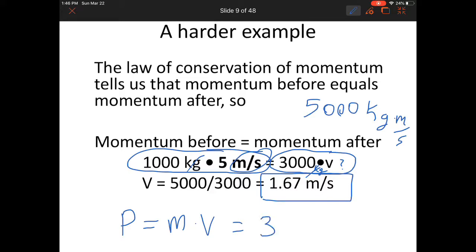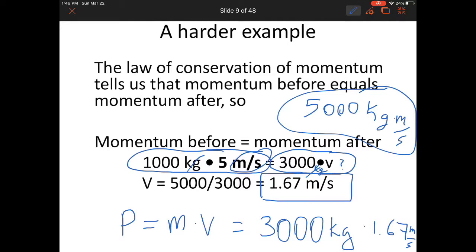The mass after collision, we have one big mass of 3,000 traveling 1.67 meters per second. Go ahead and punch that into your calculator. You will get the same answer. So we have kind of confirmed that momentum is conserved. The momentum before the collision equals the momentum after the collision.